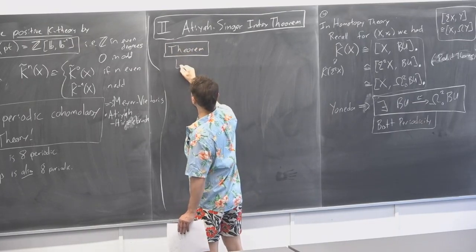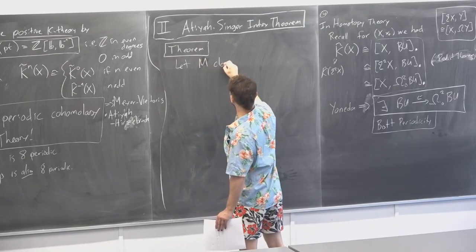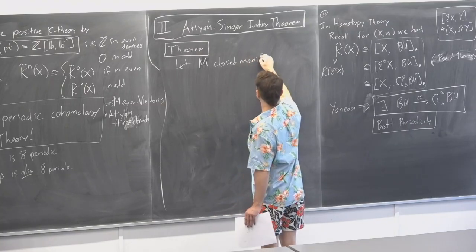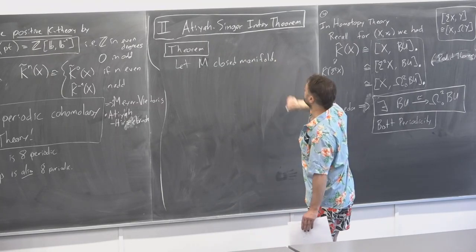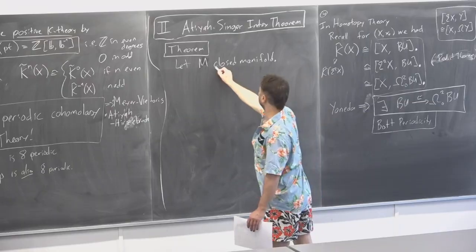Okay, so let M be a closed manifold. So it's compact and there's no boundary. There's a version of this theorem with boundary, but it's a lot harder. It's called the Atiyah-Patodi-Singer index theorem. So we're going to focus on closed manifolds.